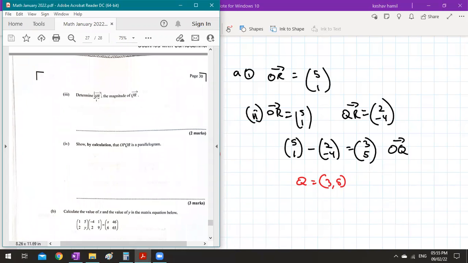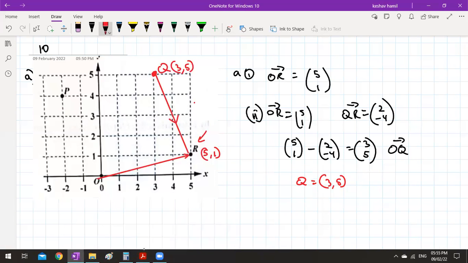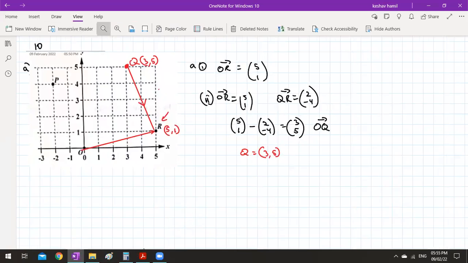Determine the magnitude of QR. Now this dashed line here means magnitude. You write it out for you just in case. Now, QR using the vector. So let me zoom out a little bit so we have a space.